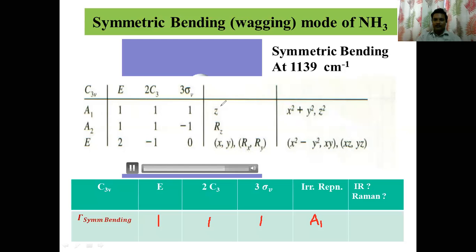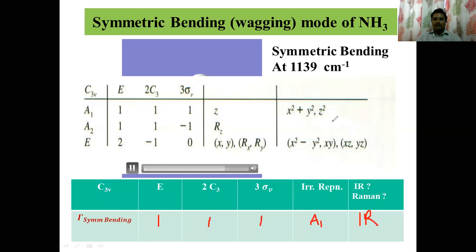So the answer is yes, because Z is transforming as A1, so therefore it is going to be IR active, right?